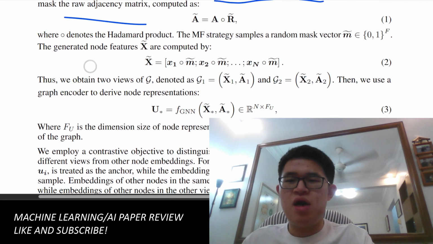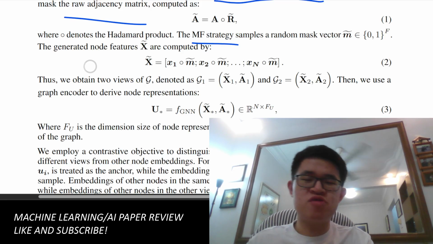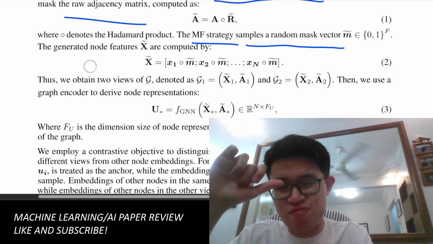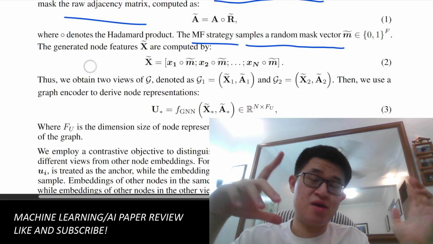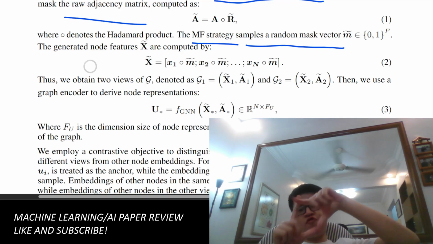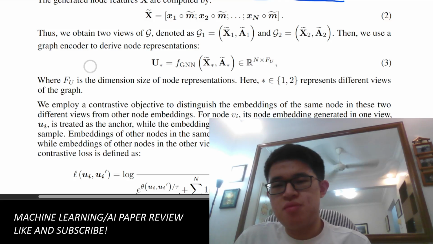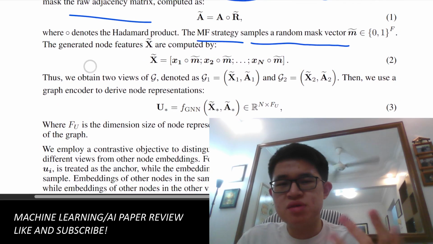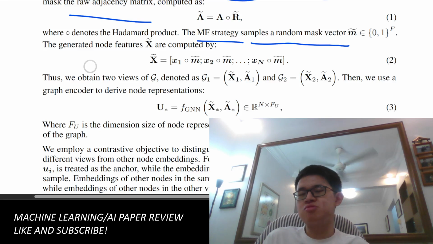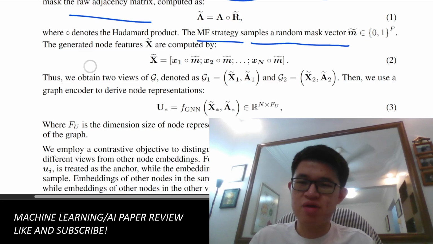And next, the masking node features strategy samples a random mask vector and multiplies it directly with the node feature vector to create some zeros. But they haven't told us about the ratio of 0s and 1s in this case, so we don't really know how much masking they're performing here.